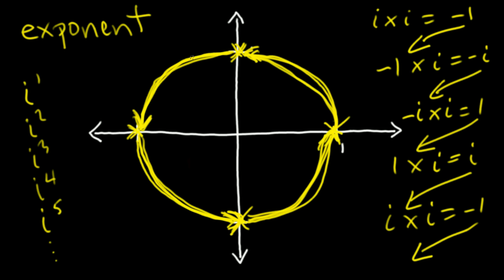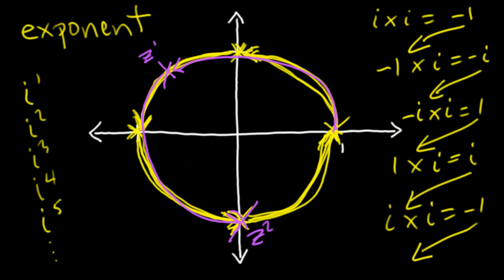Now, we can do this with other numbers. For example, let's take this one that's 3/8 of the way around the circle. Let's call that z. Well, if this is z to the first power, its angle is 3/8 of a turn from the positive real axis. So if we multiply by z again, then that means we go around the unit circle 3/8 of a turn to here, and that's z squared.